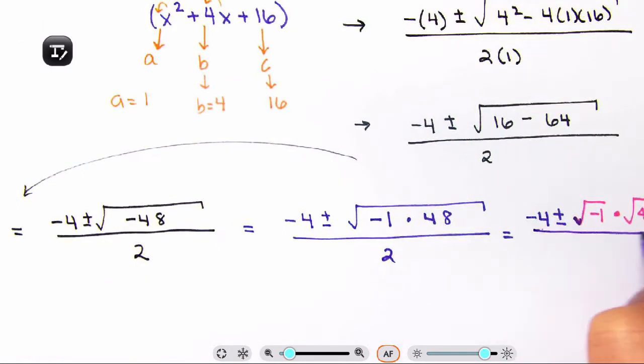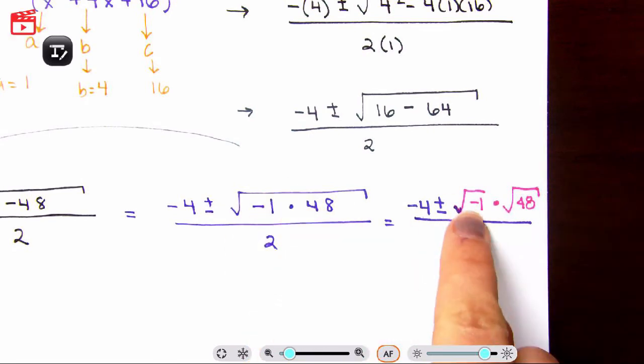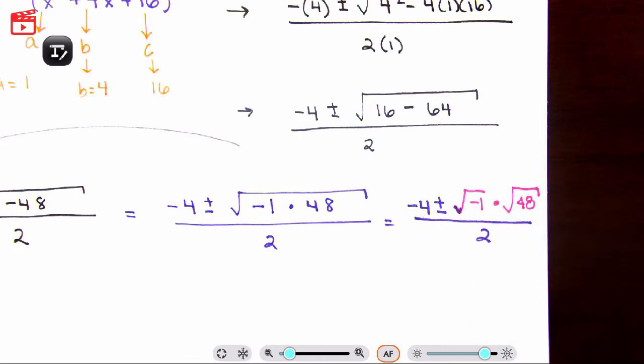All of that is still divided by 2. So the square root of negative 1 times 48 inside the root is the same thing as root of negative 1 times root 48.